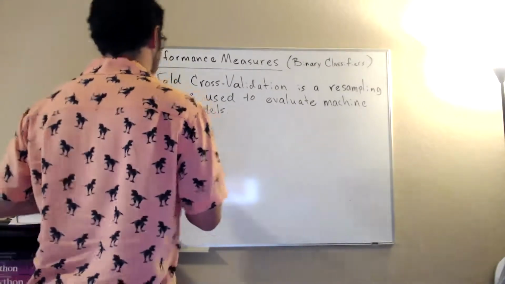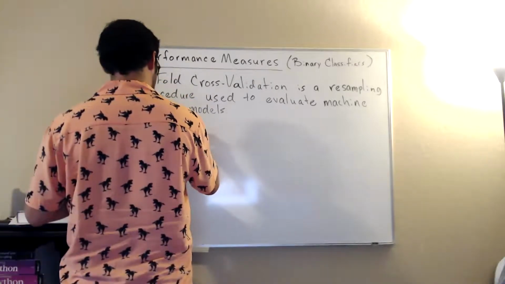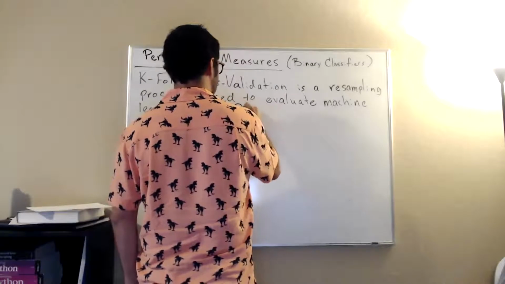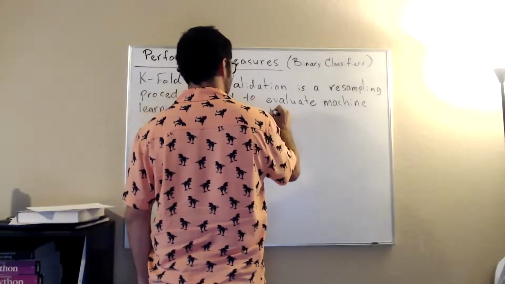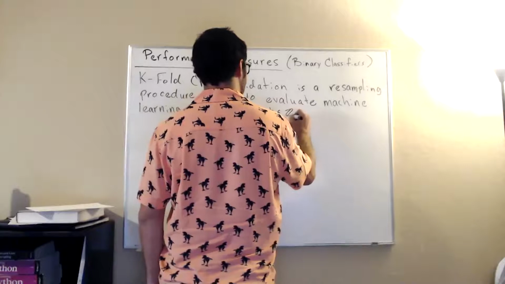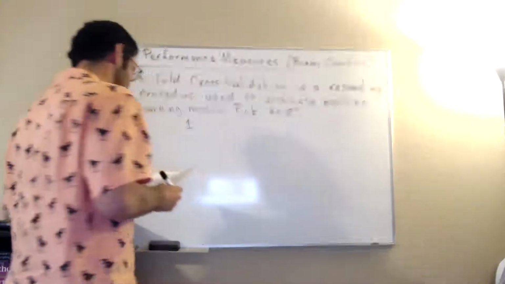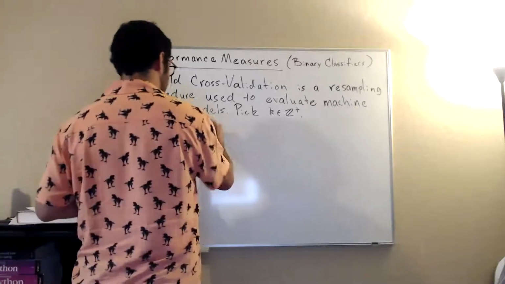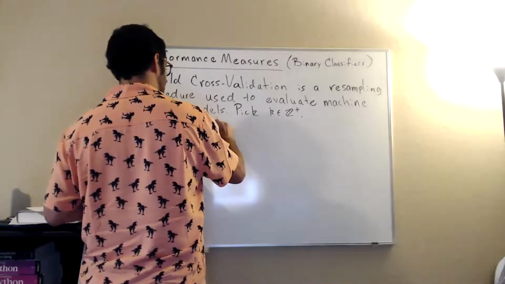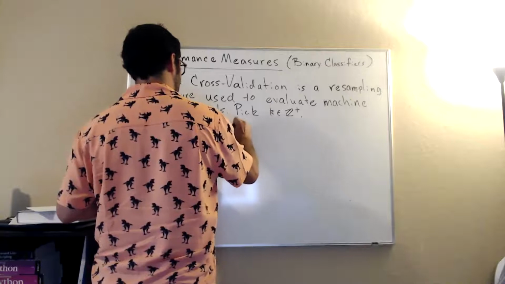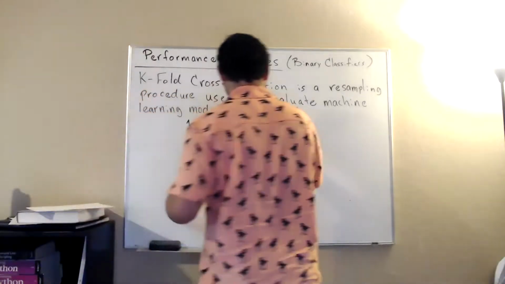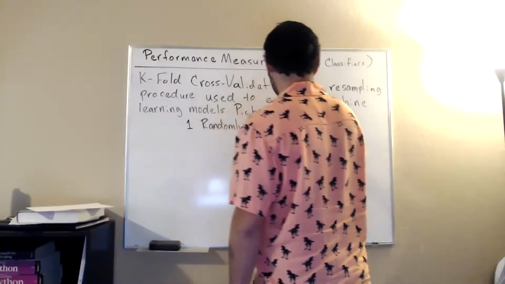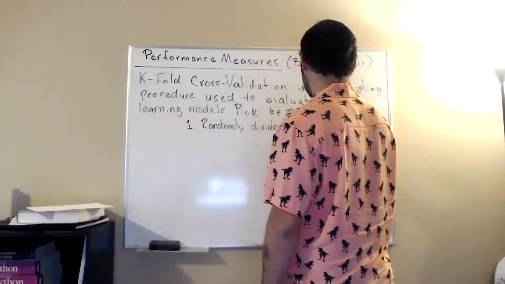Well, first you're going to pick some positive integer k, and then for part one, we're going to randomly divide our training data.